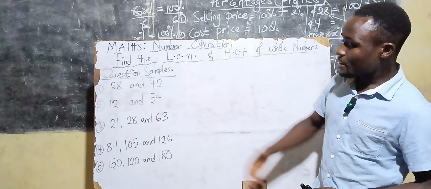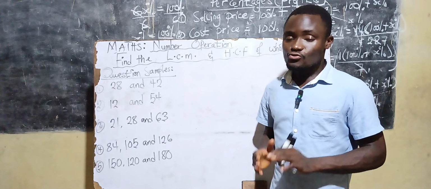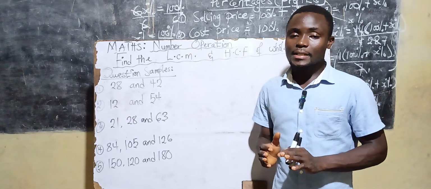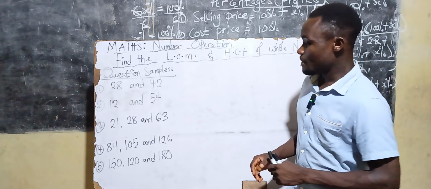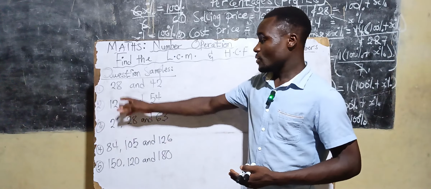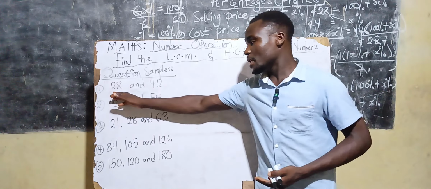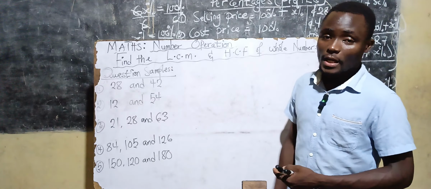So over here, I have some sample questions that I'm going to lead you through. And I believe that at the end of the day, when you keep with us, you'll be able to understand the concepts and everything will move on smoothly. So we have question number one, which asks us to find the LCM and then the HCF of 28 and 42. Are you getting me?